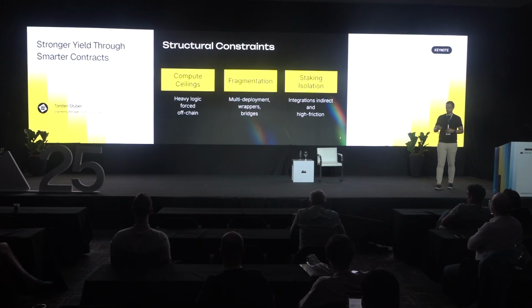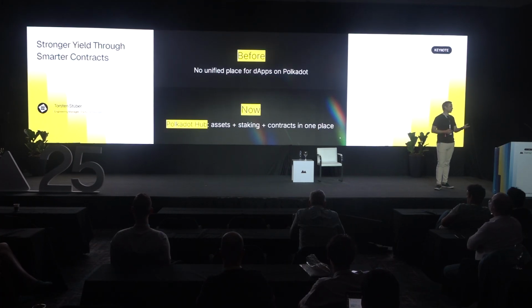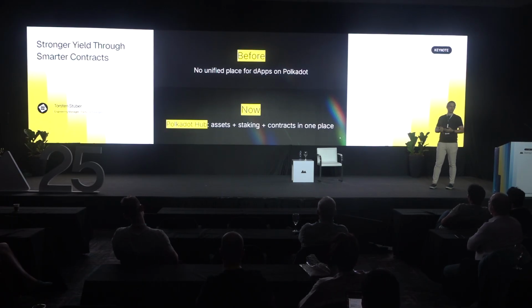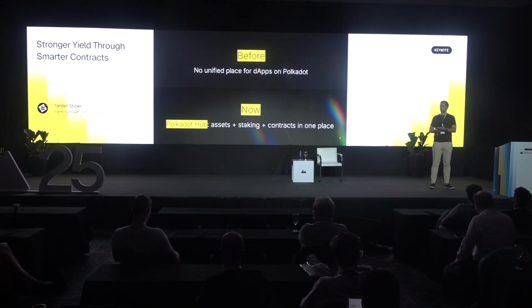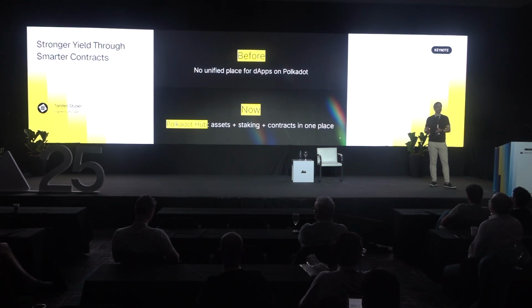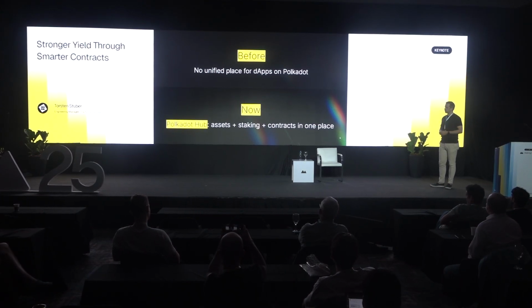Now I mentioned Polkadot. So let me quickly talk about Polkadot. Polkadot originally has a very modular design that is great for protocol engineers, but it's not very suitable for application teams because there is not one unified and central place for deploying your smart contracts. This is going to change with the Polkadot Hub.